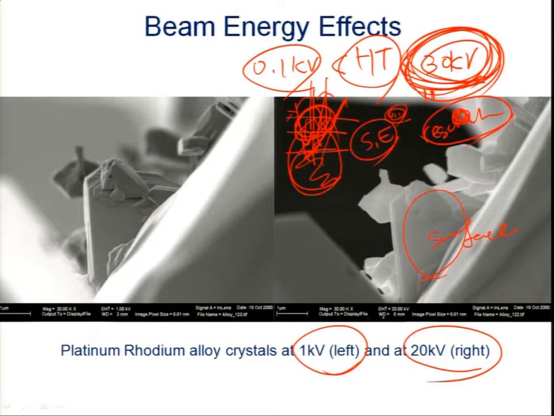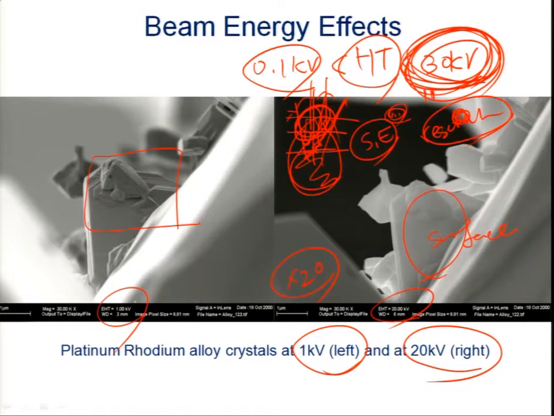This one is made at 20 kV, and this one is at 1 kV, so this one is 20 times higher. When you use a much lower high tension, you can see all the details of the surface.